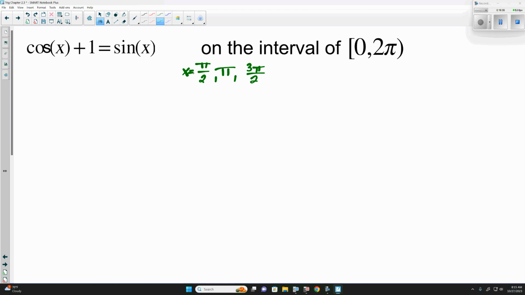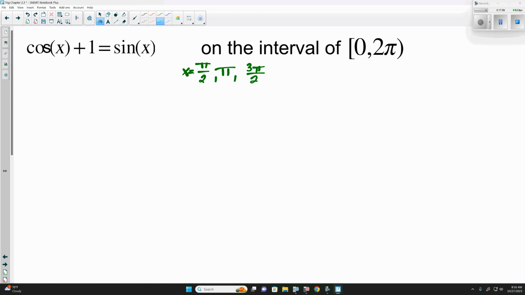So if cosine of x plus 1 worked out to be 0.5, but sine of that same angle worked out to be -0.5, and our first step in this process was squaring it, we have 0.5 squared, and our -0.5 squared is now going to become the same as positive 0.5 squared. We have an issue because of the signs. So we have to check these, if that makes sense.